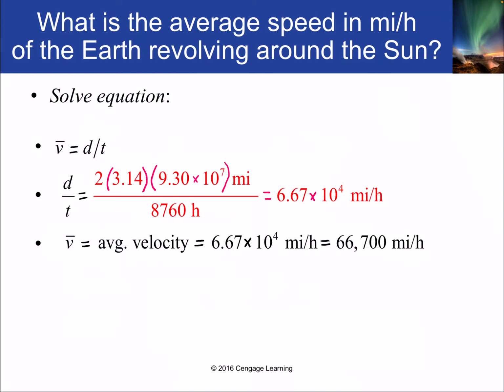And actually, we haven't rearranged our equation, sorry about that, because you're looking for speed. So speed's going to equal our distance, which is 2 times 3.14, so remember, that's pi, times the radius, divided by 8,760 hours. So your final units are going to be miles per hour.